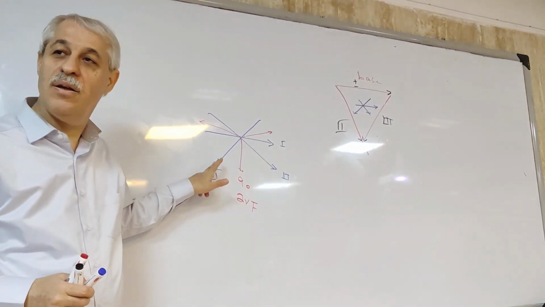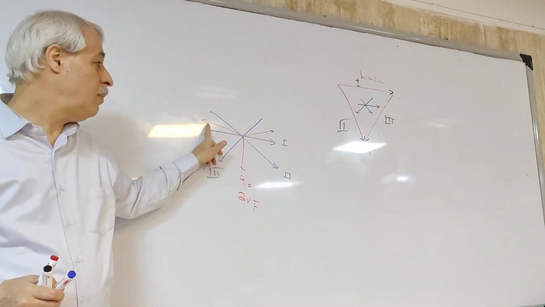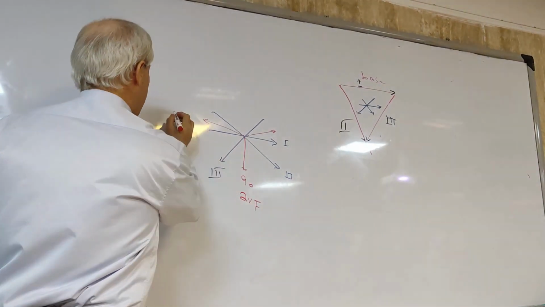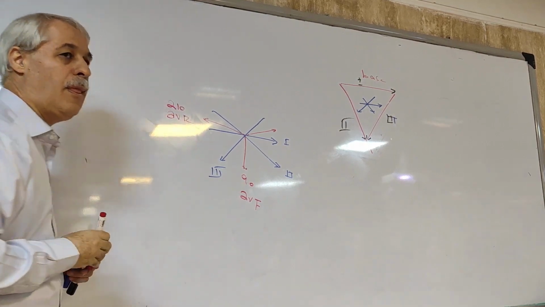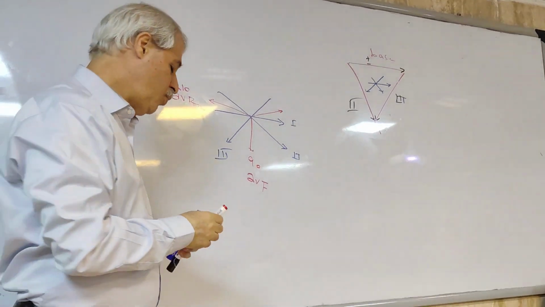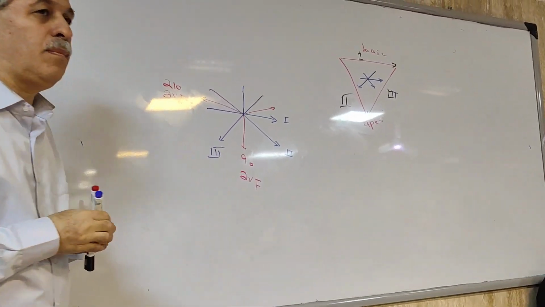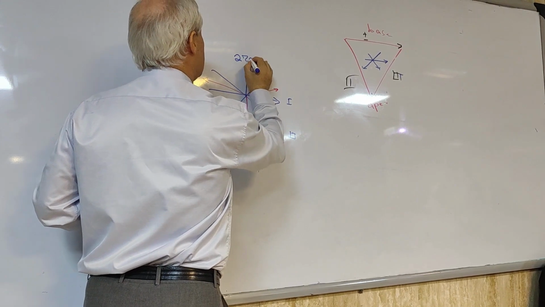Plus 30, 120. How much is it? 180. Plus 30, 210. AVR is 210. How much would be? 270.